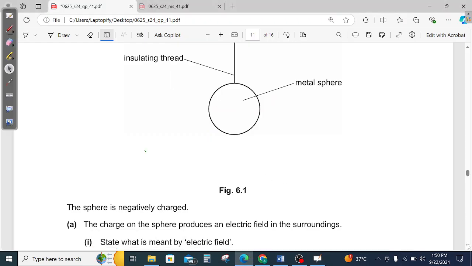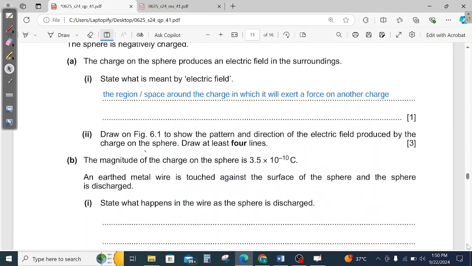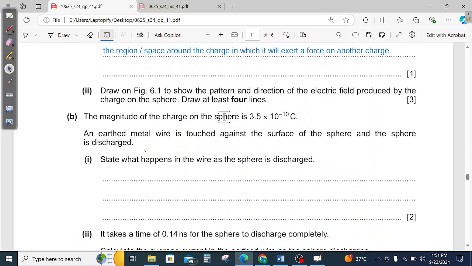Next is the magnitude of the charge on the sphere is this one, the quantity of charge available on the surface of the sphere. A metal wire is touched against the surface of the sphere and the sphere is discharged.